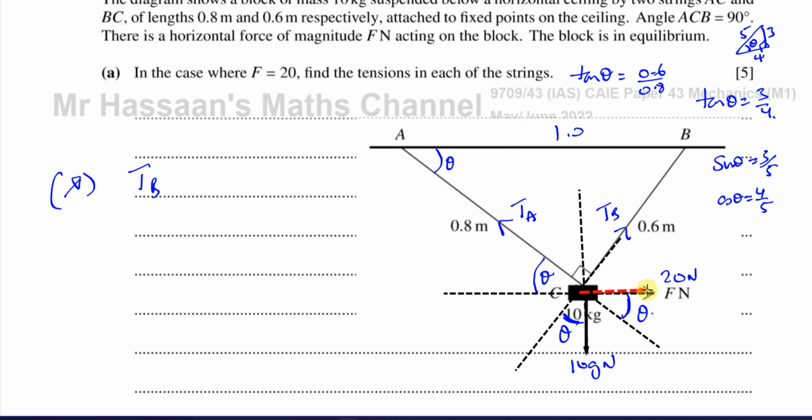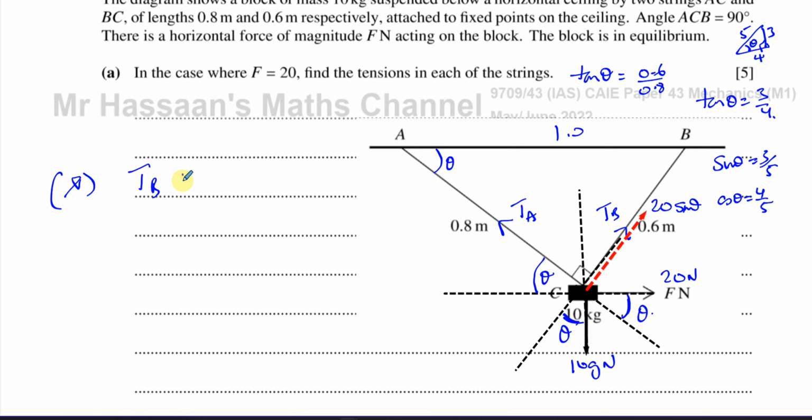I've got this force here, F, and I'm going to resolve it in the direction of TB. We're going away from theta, so in this direction it's F, which we know is 20, so 20 times sine theta.